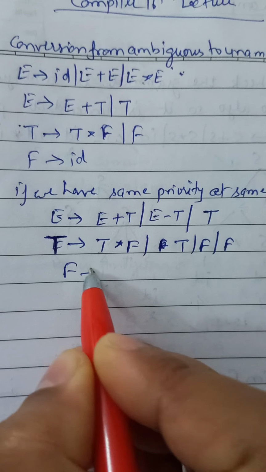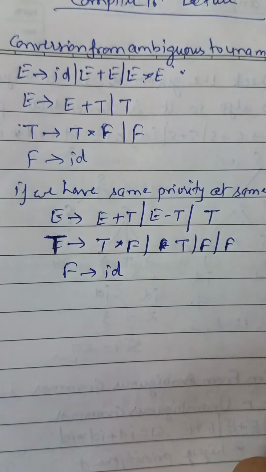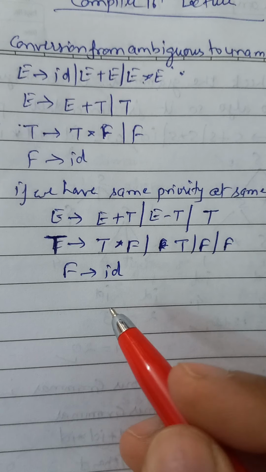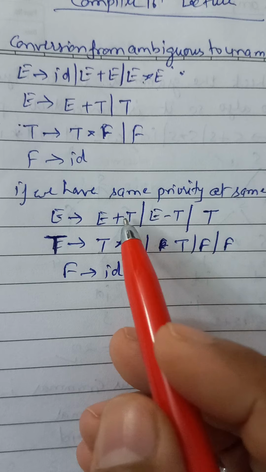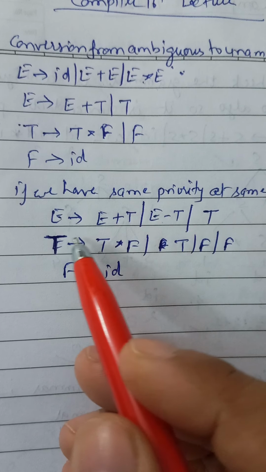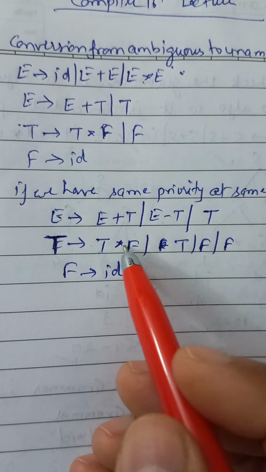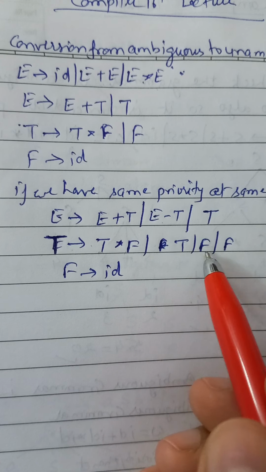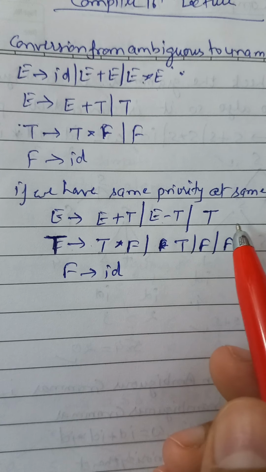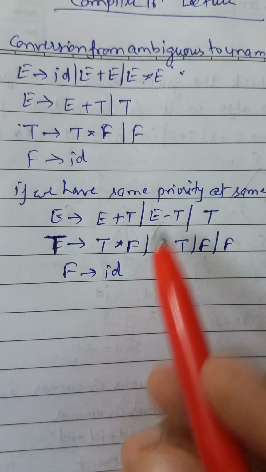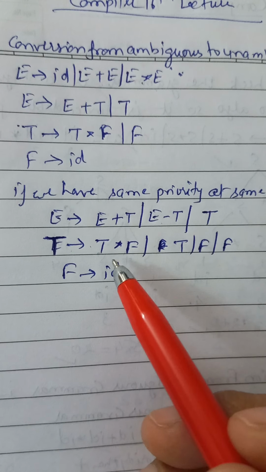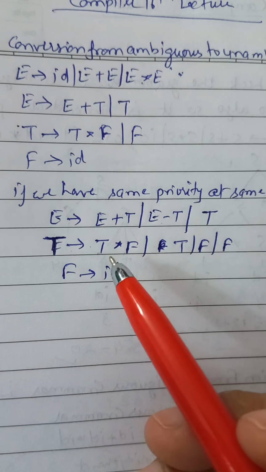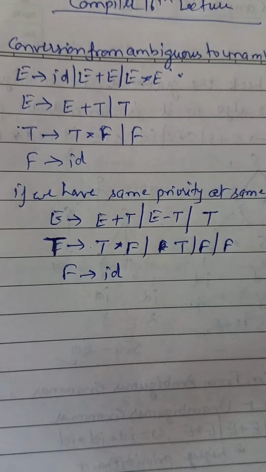And F tends to id. E tends to E plus T, E minus T, for the same priority, plus and minus, and then T tends to T into F or T oblique F for multiplication and division, and F tends to id. For the same priority, they will be on the same level.